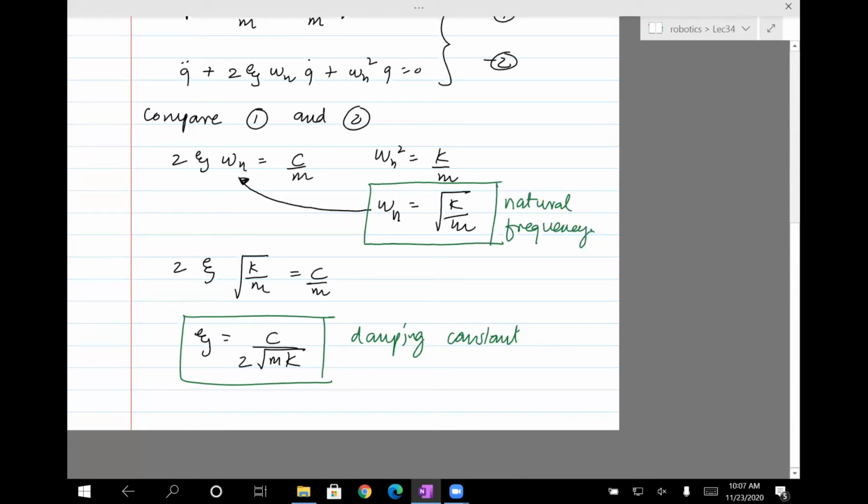Okay, so given this, we can actually plot the response of the system for different values of damping constant. So we look at three cases.